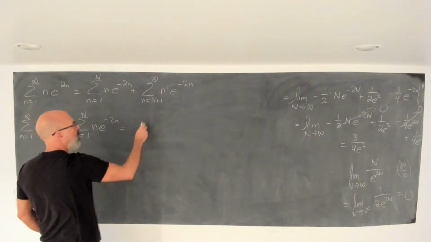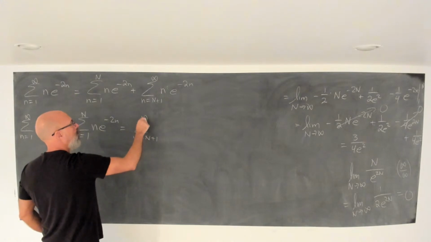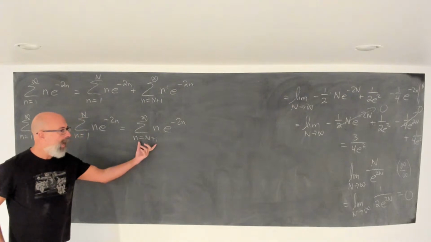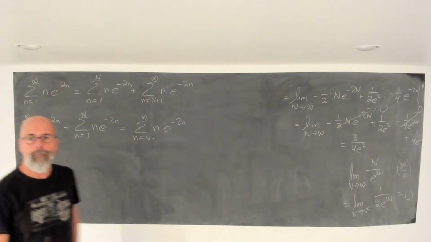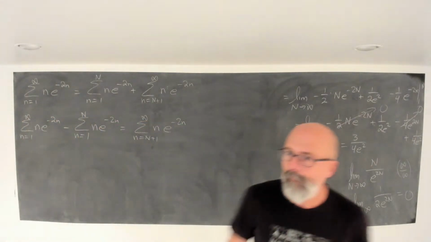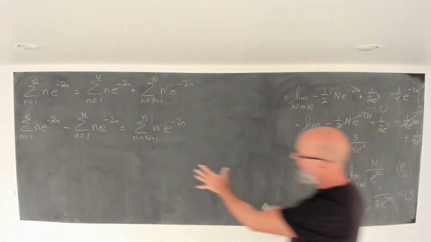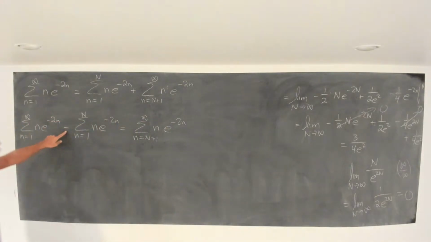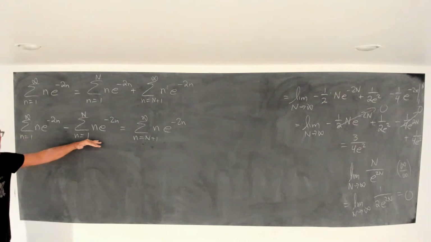We're left with this, which is your error term. The tail end of the series, the series from n plus 1 to infinity. So this is going to be our error, the difference between what the series converges to and our approximation.